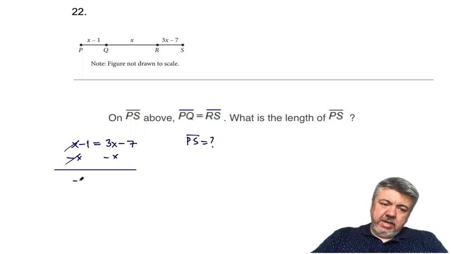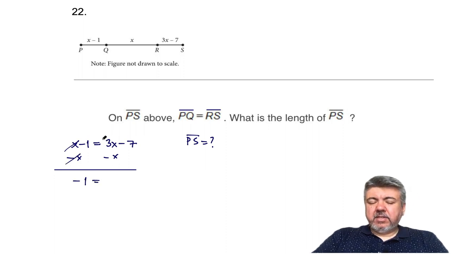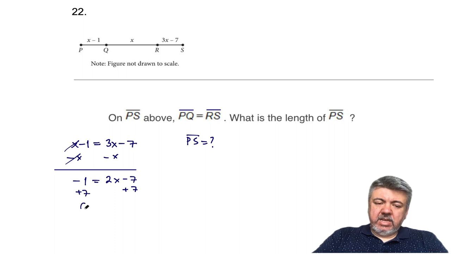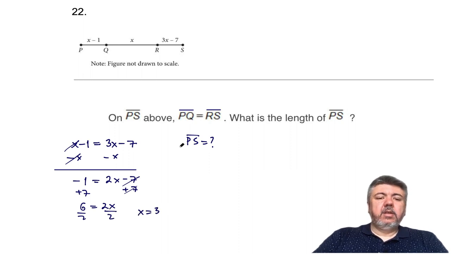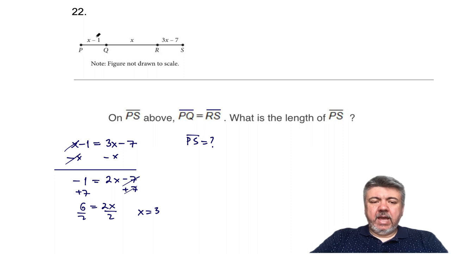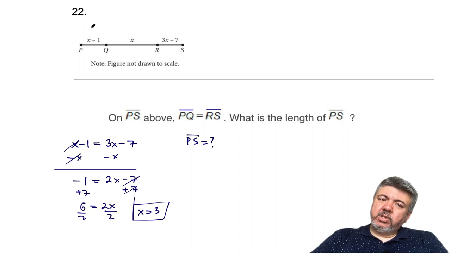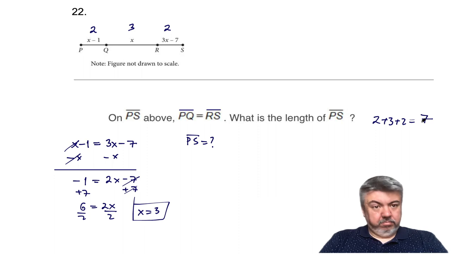The x's cancel, negative 1 here, and 3x minus x is 2x minus 7. Then plus 7 on both sides. It's 6 equals 2x. Divide by 2. x equals 3. So let me write everything in terms of x: x minus 1. Since x is 3, x minus 1 is 2, then 3, and 2 again. So it is going to be 2 plus 3 plus 2, which is 7. Yeah, that's it.